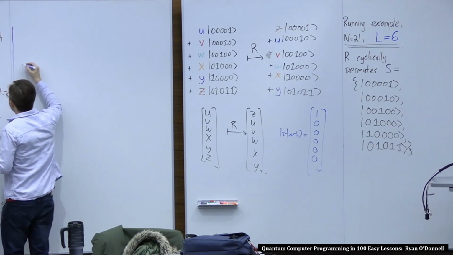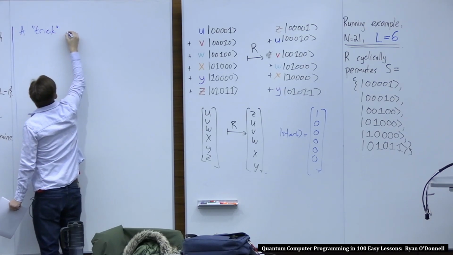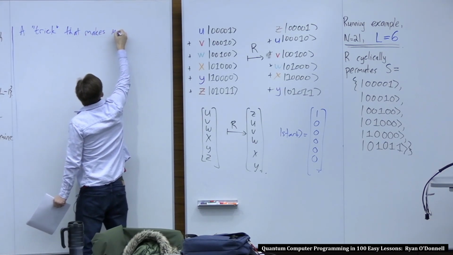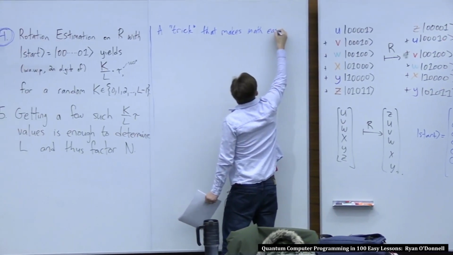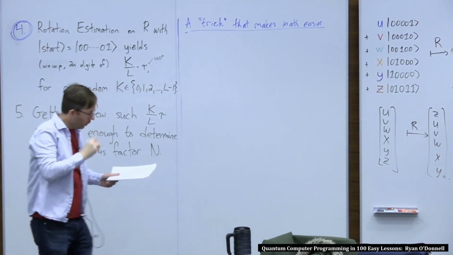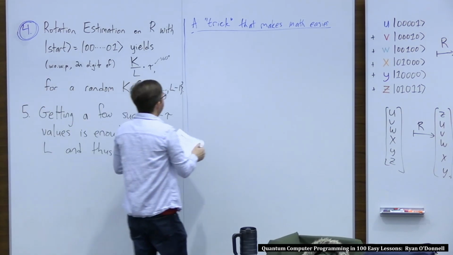OK, so a trick that makes this task nicer. One weird trick. OK, so really, let's go back to the code point of view. This R is really coming from this times 2 mod n operator, which operates on 5 qubits, or in general, I don't know, thousands of qubits.